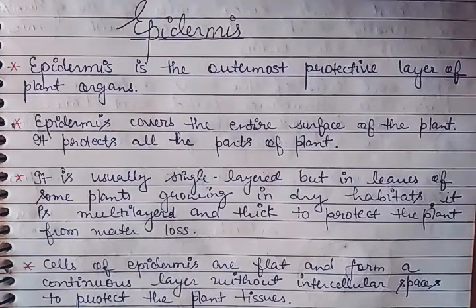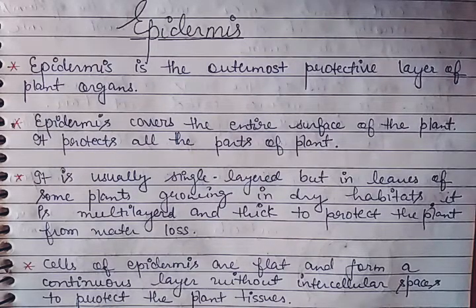The cells are flat so that the surface area will be increased, and they are continuous, meaning they do not have any gap between the cells, meaning intercellular space is not present. They are very compactly present one after another, so the surface area increases and there is no gap, and hence they can protect the internal structure of the plant body.